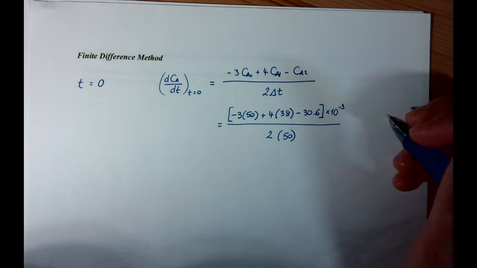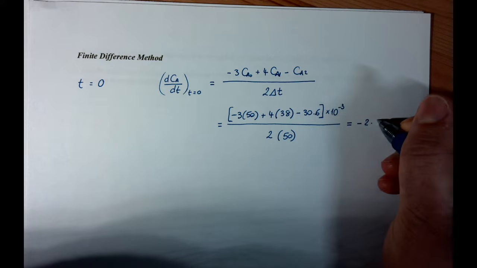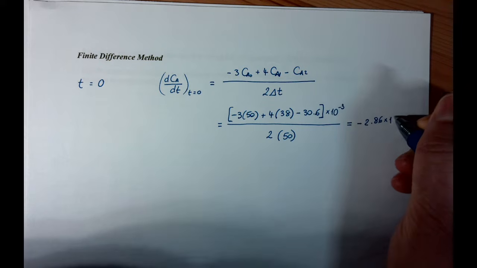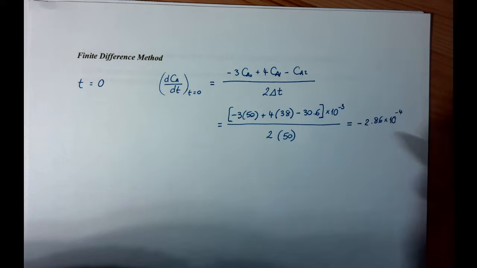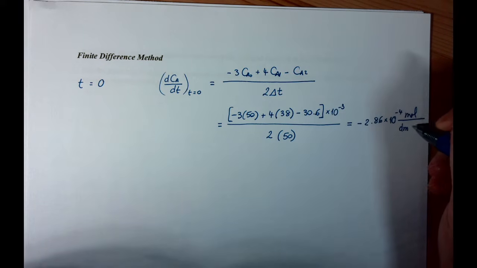Okay, and then plugging in the numbers in your calculator, what you'll obtain is minus 2.86 times 10 to the negative 4 moles per cubic decimeter per minute.